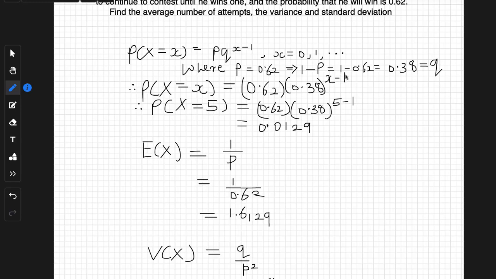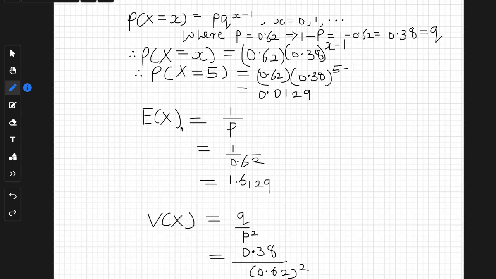So fixing all of that here, we can now find the probability of X equals 5. That gives us 0.62. Now, P is this. Q is this, 0.38. So we fix them, and then we have the probability of X equals 5. Put our 5 there, we get 0.00129.